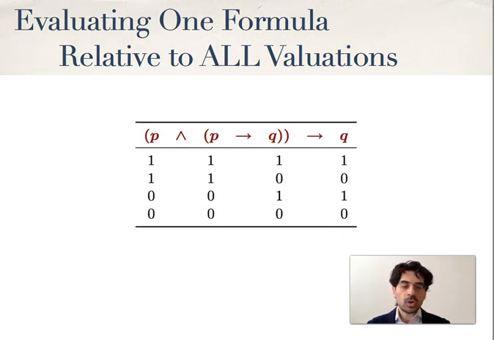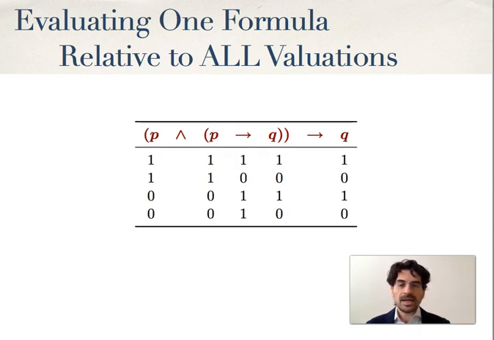Once we have listed all the possible valuation functions and assigned all the possible truth values to the atomic propositions, the next step is to evaluate the truth value of the more complex formulas. We can start here with the formula P implies Q. And these are all the possible truth values that we can assign to this formula. Why is that?